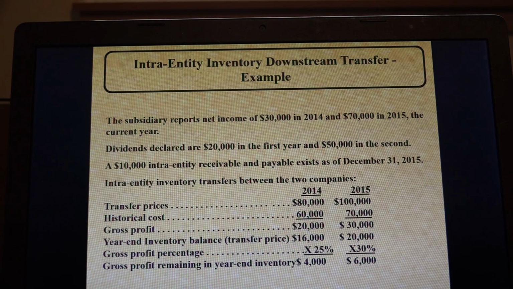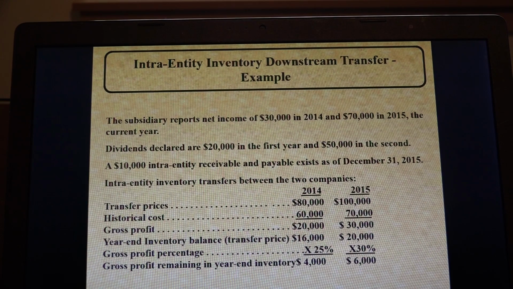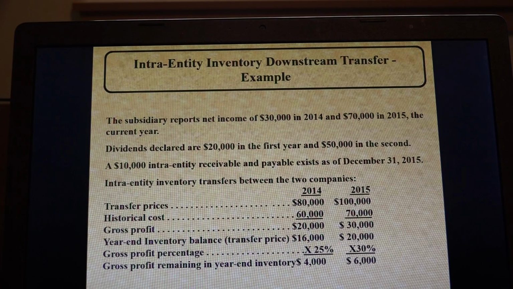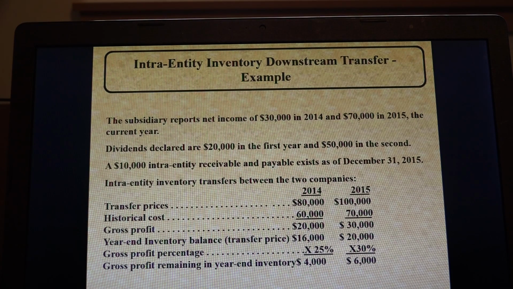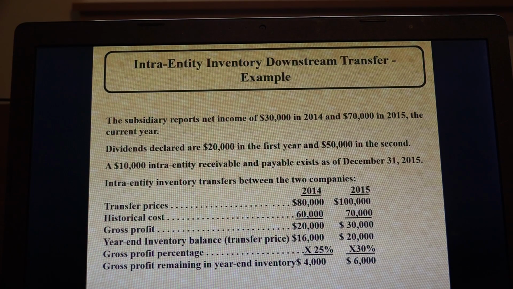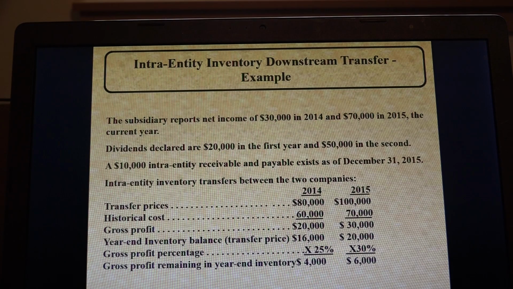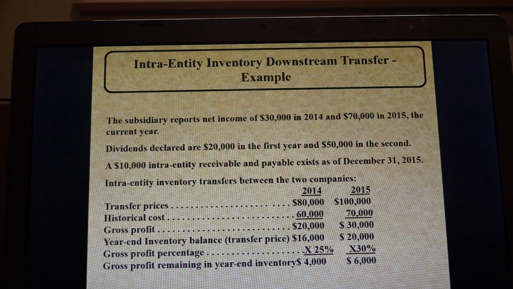Dividends declared in 2014 are $20,000, and in 2015, $50,000. And so there's this $10,000 intra-entity receivable that exists as of December 31, 2015.